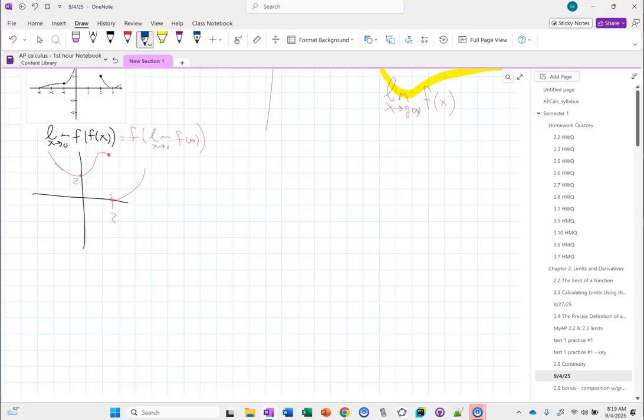Notice that this time we're approaching 2 from above, right? So we can rewrite this as the limit as x approaches 2 from above of f of x, which would be going to this value. I don't know, let's say it's 4 or something.